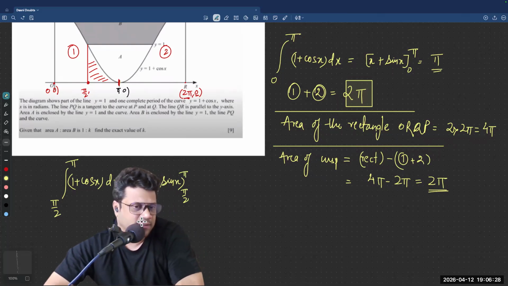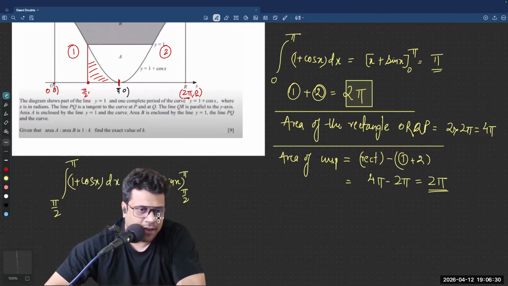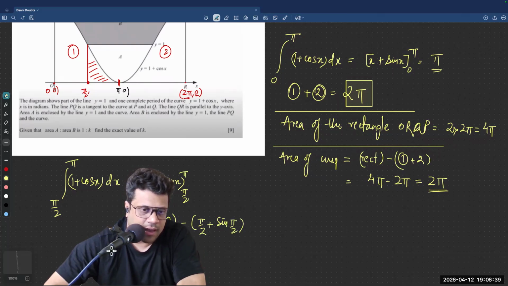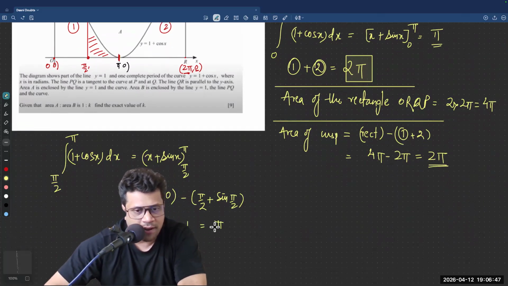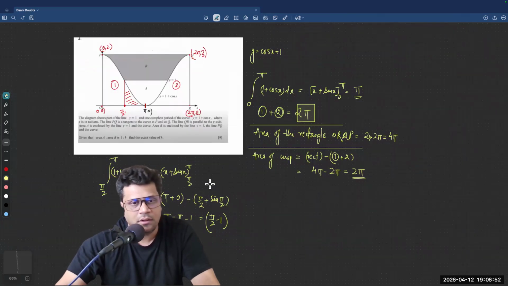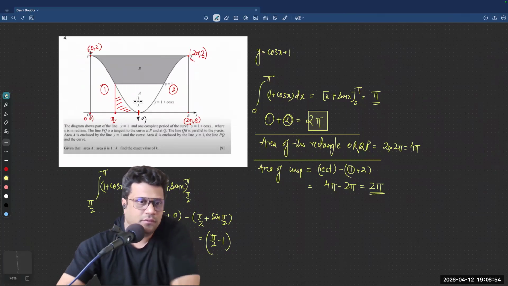Well, that is pi plus 0 minus pi by 2 plus sine of pi by 2. And that comes out to be pi minus pi by 2 minus 1. And that's pi by 2 minus 1. That's the area of this thing.